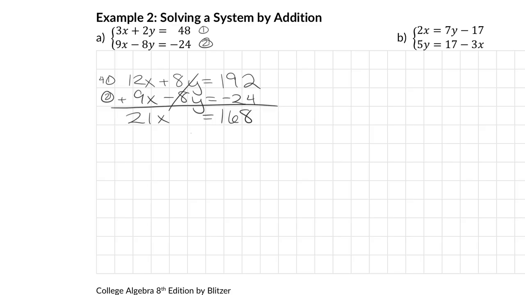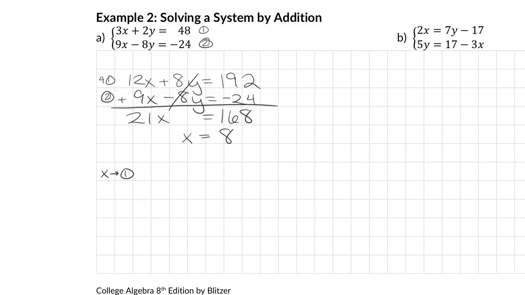Solve for x by dividing by 21 on both sides. Thank goodness that comes out to a nice number. It comes out to 8, 168 divided by 21. And then we're going to back substitute this single variable back in to show your work. You're going to say, I'm going to take x, I'm going to plug it into one of the original equations. Doesn't matter which one, you can choose.